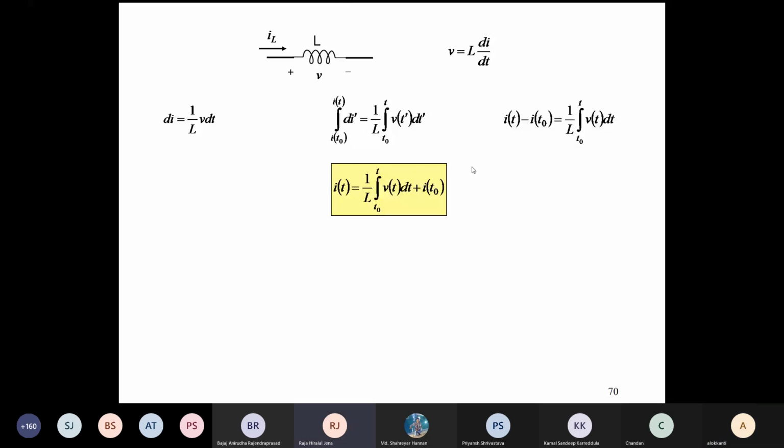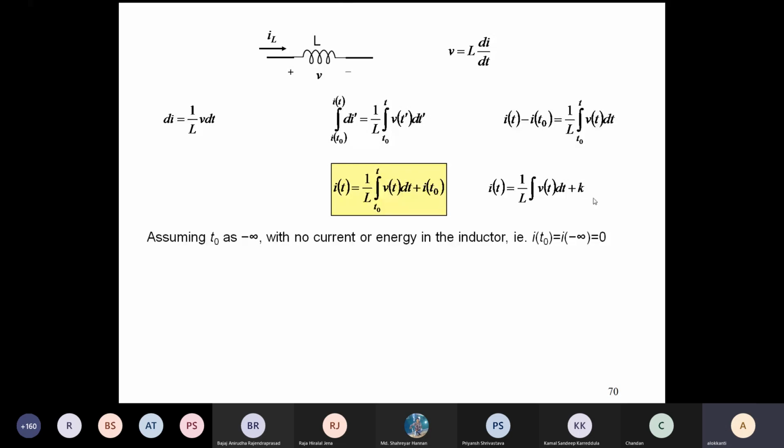Now, in indefinite integration, there is going to be some constant which has to be found out. If t naught is assumed to be minus infinity, that means there was no current or energy in the inductor. Sometimes it is called the inductor is considered to be initially relaxed.